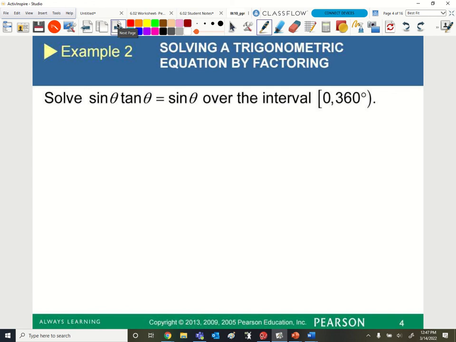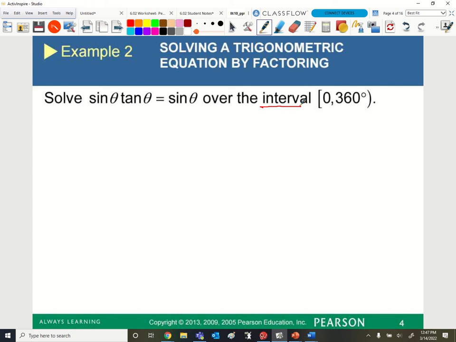Example 2. So what's the first thing I look at? Yes, 0 and 360. That is my interval, 0 and 360. So that's my standard window that we've been using. So that's my window, 0 and 360.